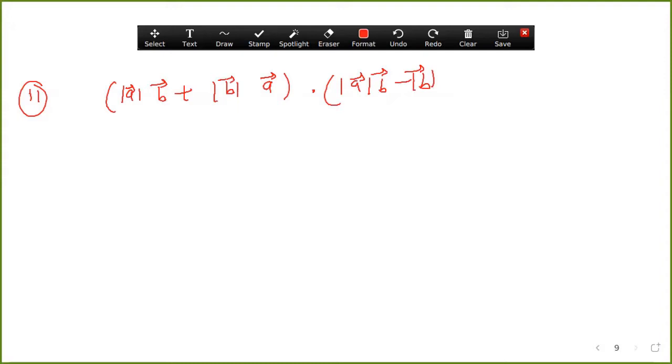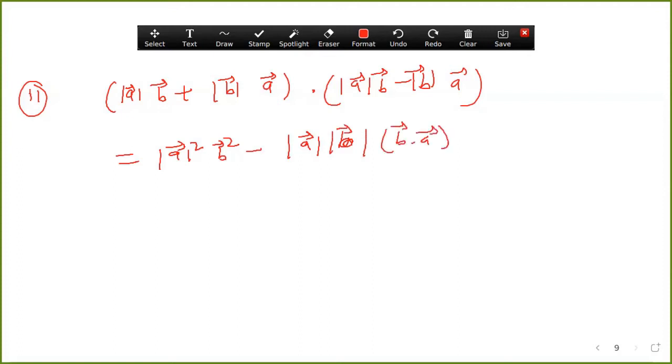When you multiply these two, you will get the zero. Multiply them: mod of a squared b squared, with the vector sign on it, minus magnitude of a, magnitude of b, and this is b dot a, plus magnitude of b times a dot b.